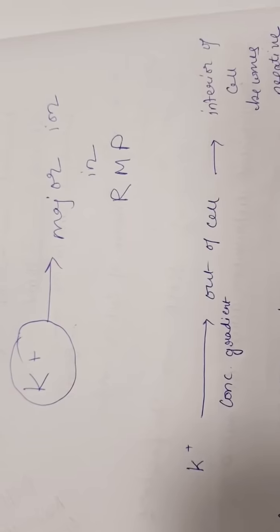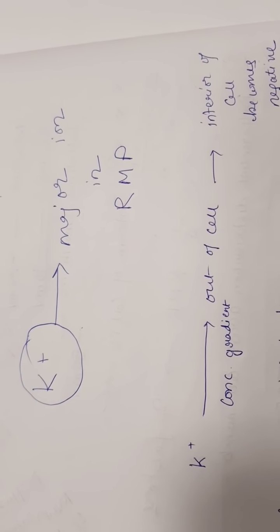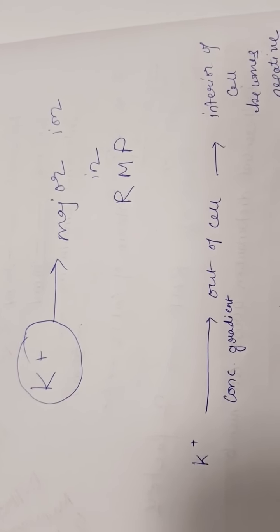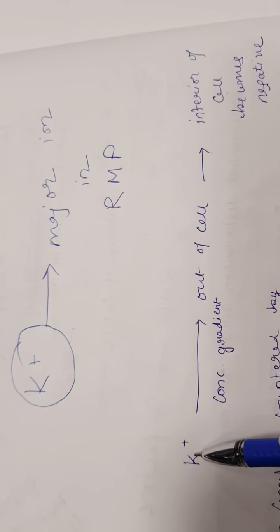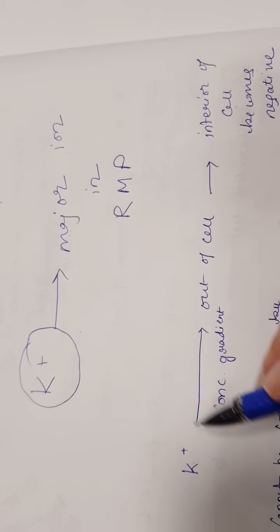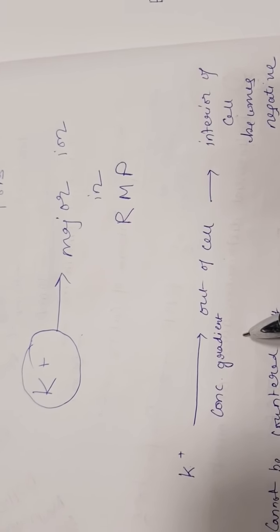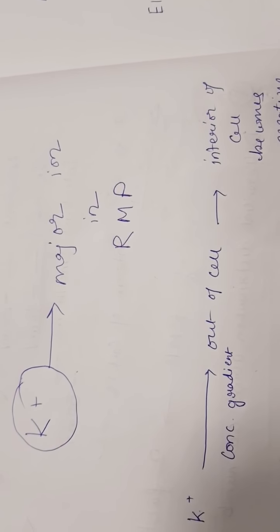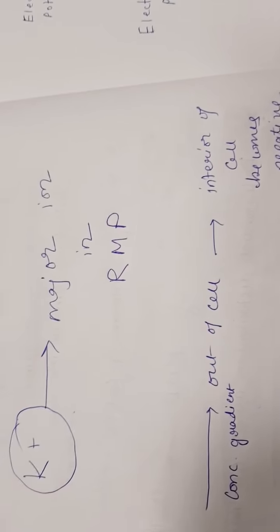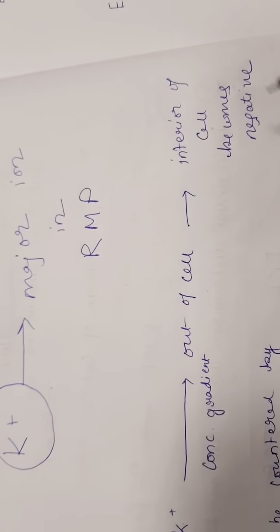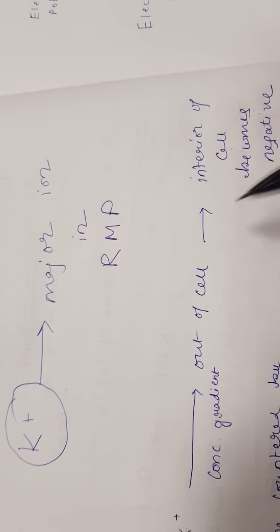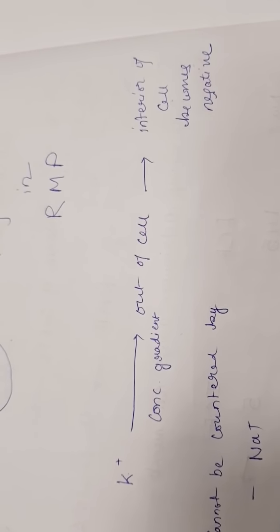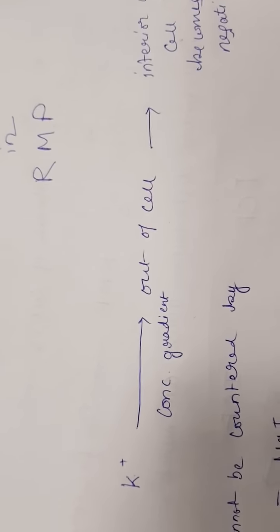Now the concentration gradient of potassium is directed outwards, because the concentration in the cell is much more than the concentration outside. So the potassium tends to move out of the cell along its concentration gradient. If positive charge is moving out of the cell, the interior of the cell becomes negative. So potassium is moving out, that is cations are moving out, and the interior of the cell becomes negative.